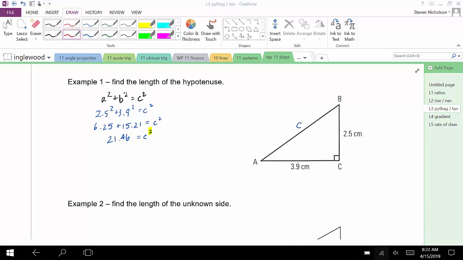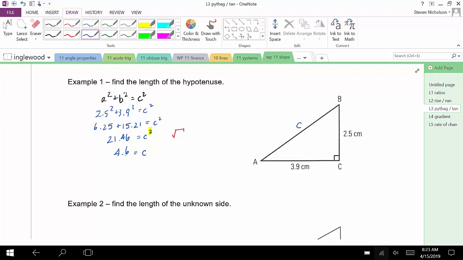So again, remember from grade 8 and 9, you take care of a square with a square root, and what you do to one side, you do to the other side. So when we take the square root of both sides, just pushing a button on our calculator and rounding to one decimal, we get 4.6 centimeters, which makes sense because it's longer than 3.9.